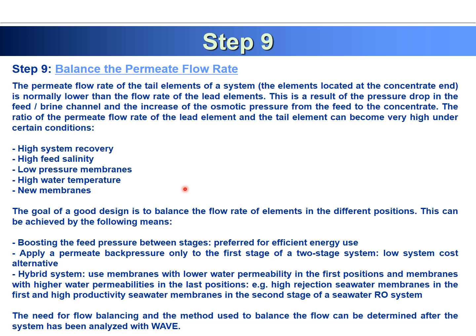This can be achieved by the following means: boosting the feed pressure between stages, so you can have a consistent pressure without any pressure drop from first stage to second stage. Preferred for efficient energy use. Apply a permeate back pressure only to the first stage of a two-stage system.